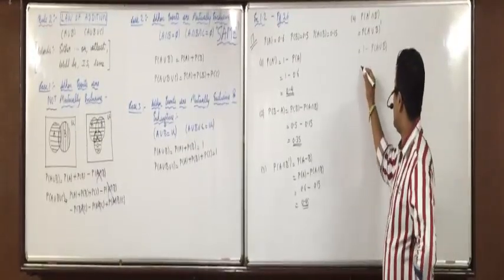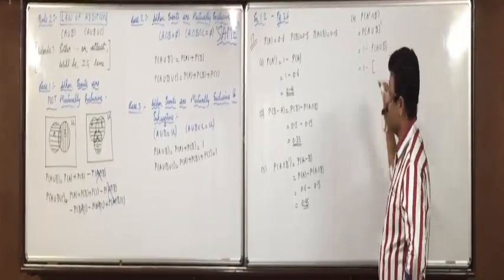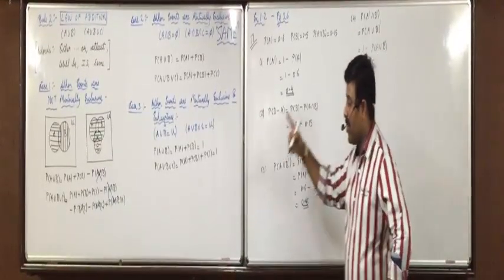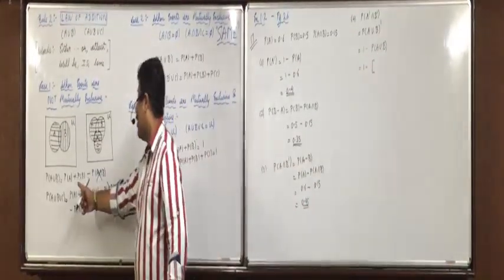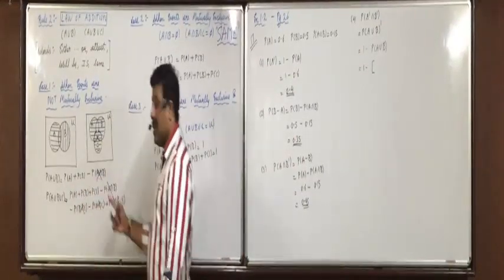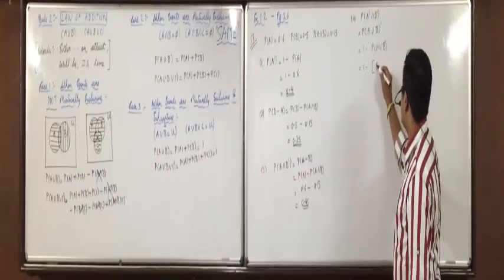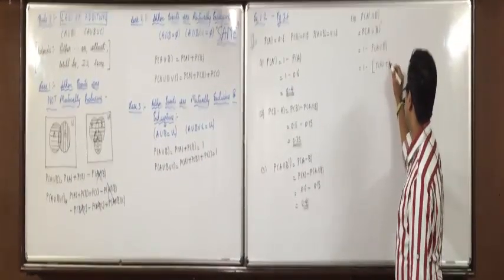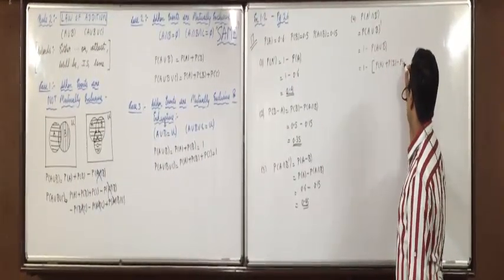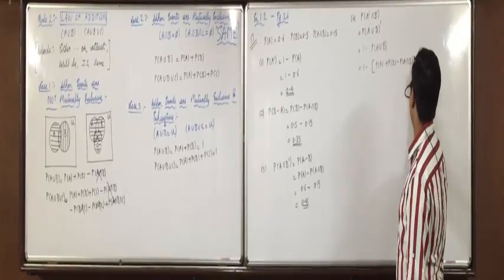So 1 minus P(A union B). Now for A union B, what formula did we study? P(A) plus P(B) minus P(A intersection B). Did anyone understand this? So write down P(A) plus P(B) minus P(A intersection B).